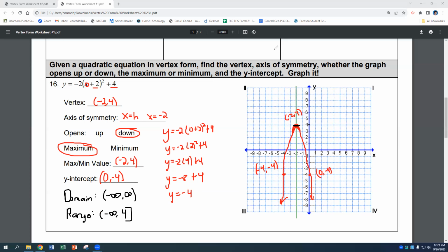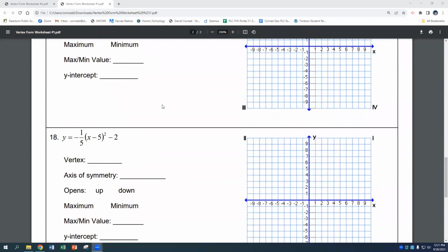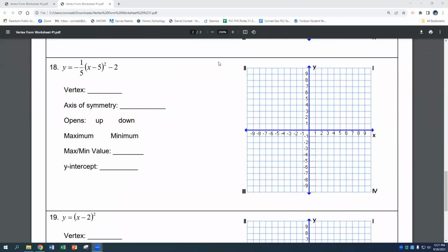All right, let's do one more like this. Let's try number 18 as an example. My vertex should be 5, -2. We change the sign on the x, but we leave the y the same. So 5, -2, that's our h. It's x minus h, so h is 5, k is -2.